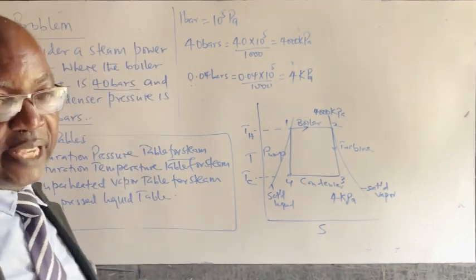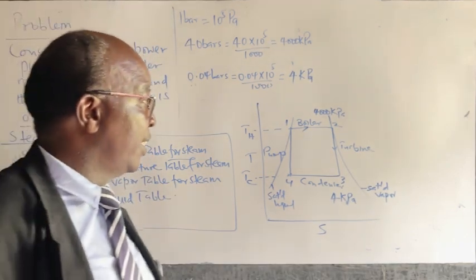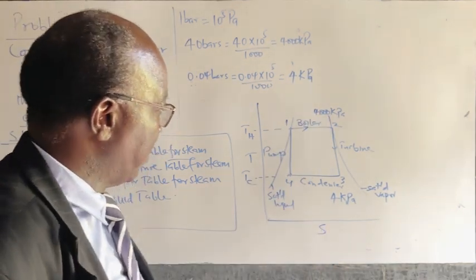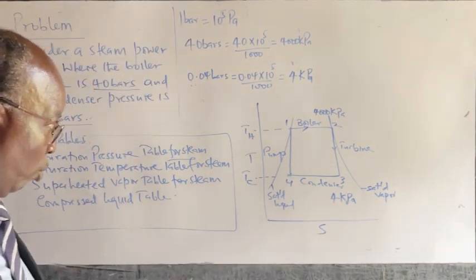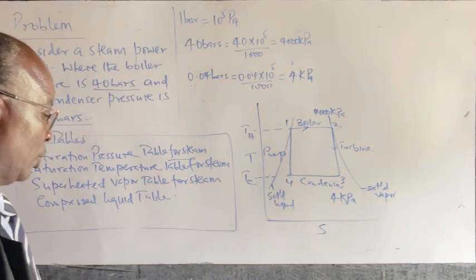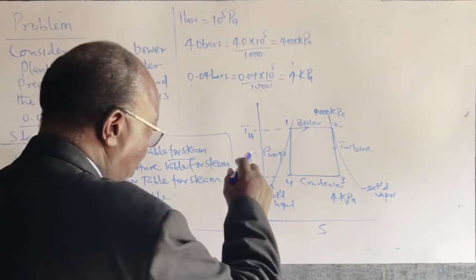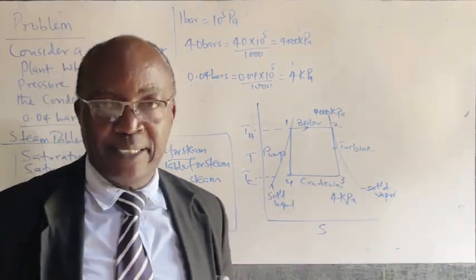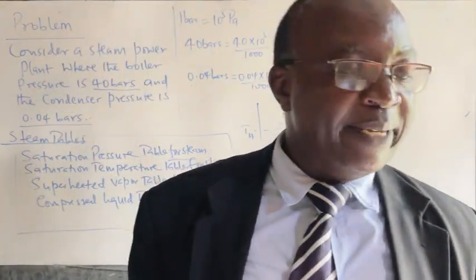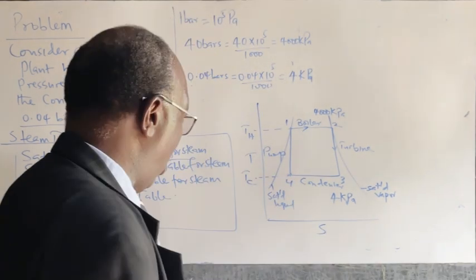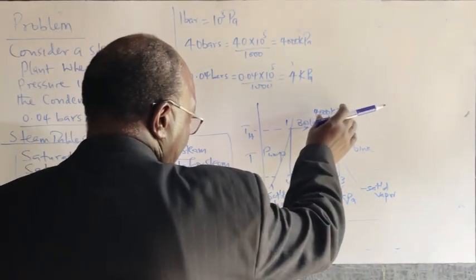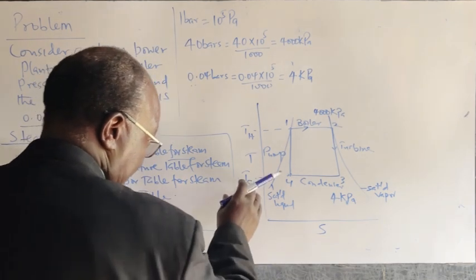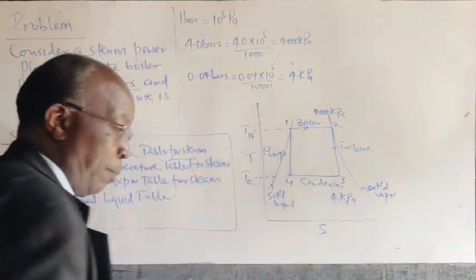If you look at our discussions on the supercritical Rankine cycle, you will remember that. Then the condenser pressure is normally very low. So we want to first find from the steam table the corresponding temperatures when the pressure is 4,000 kilopascals and when it is 4 kilopascals.